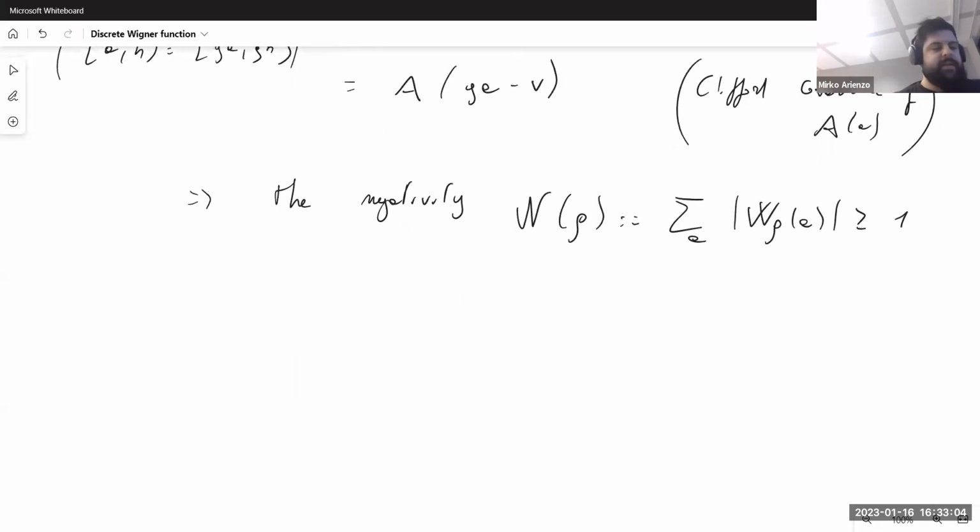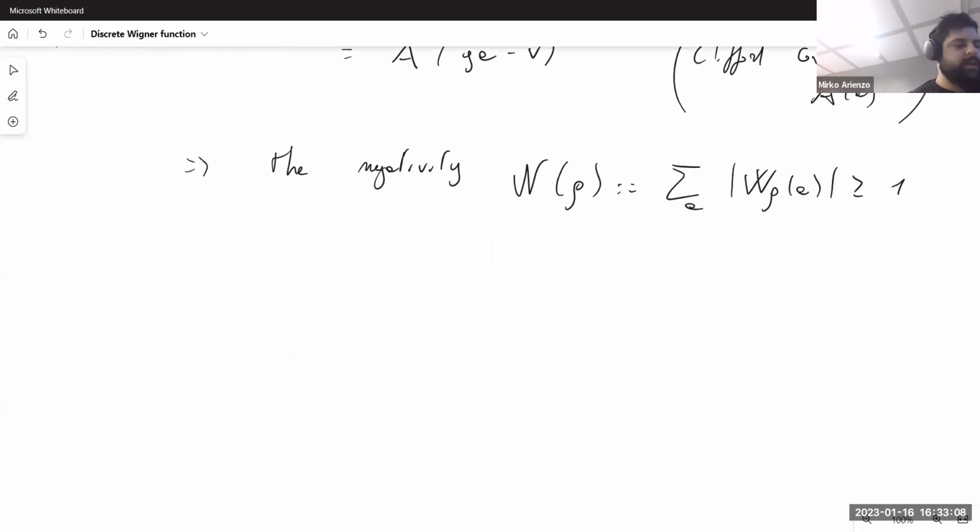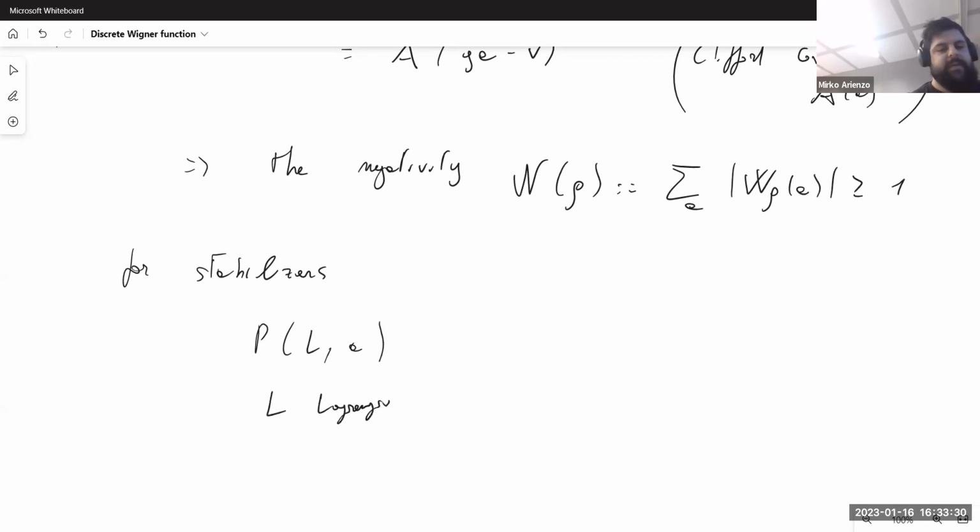Now we can apply this to stabilizers. So remember that stabilizer states are basically described as projectors on some subspace, where this is a Lagrangian subspace of the phase space, and these were defined in the following way.